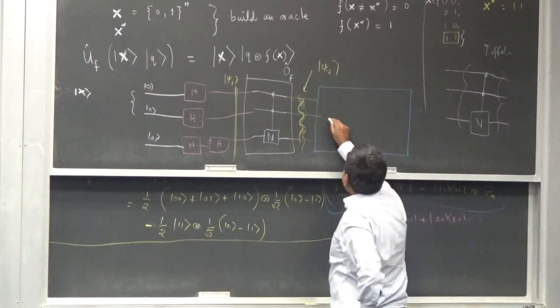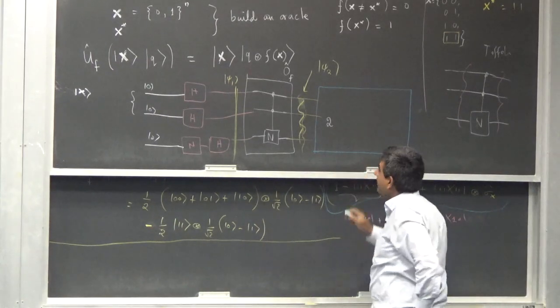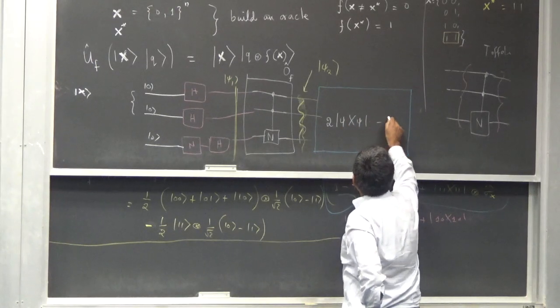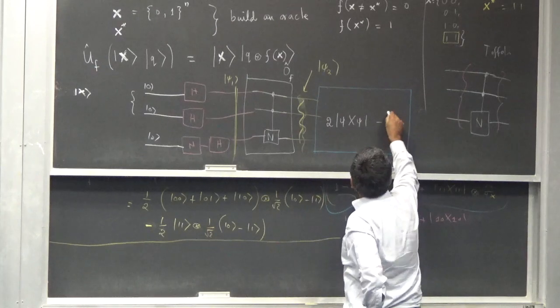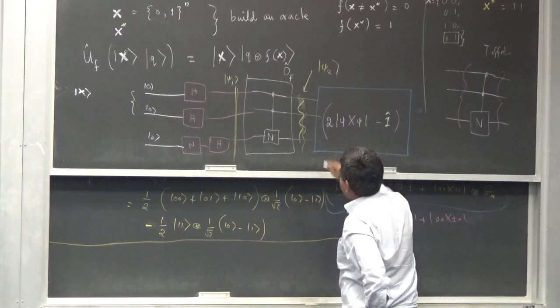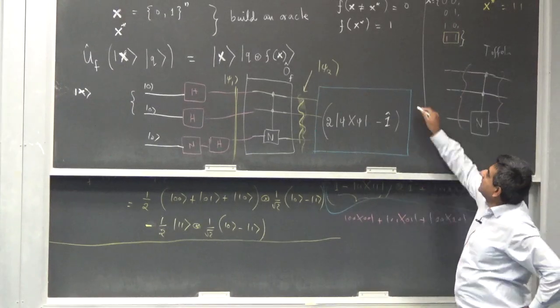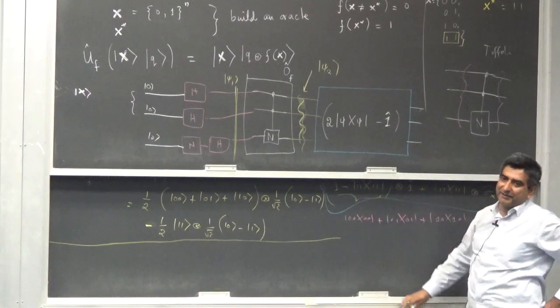That operator is given by 2 times ket psi bra psi minus identity. Let's figure out later how we implement this.